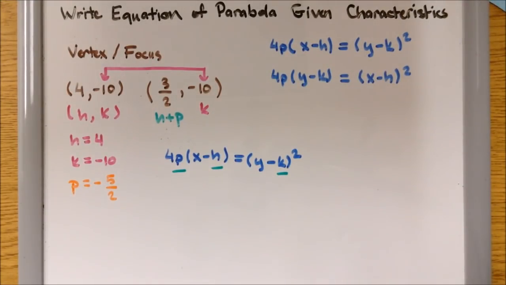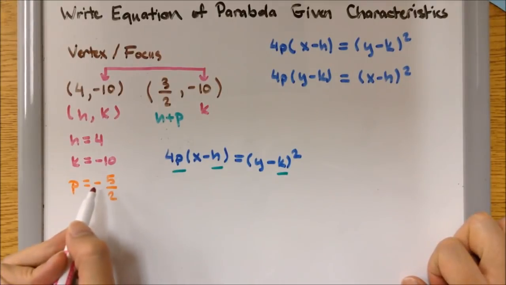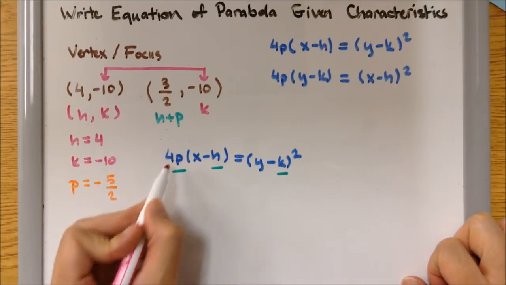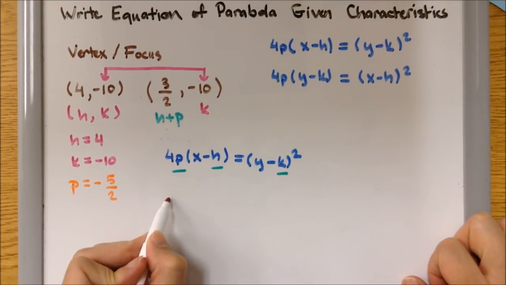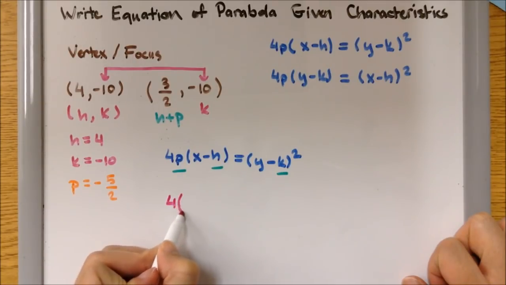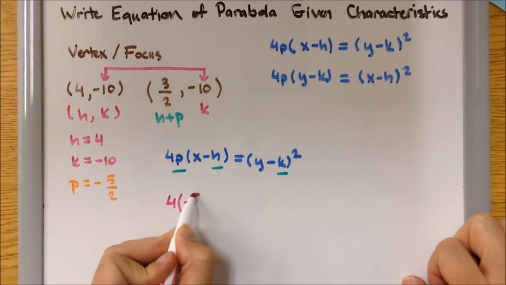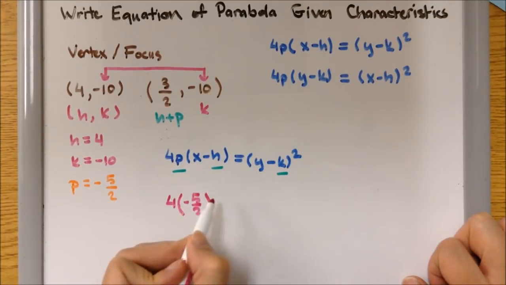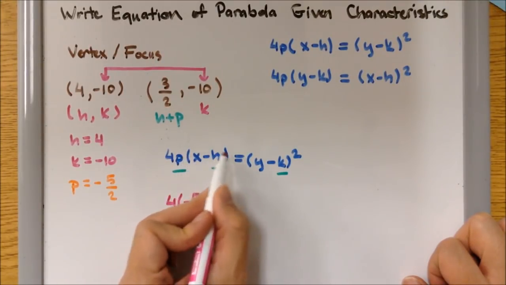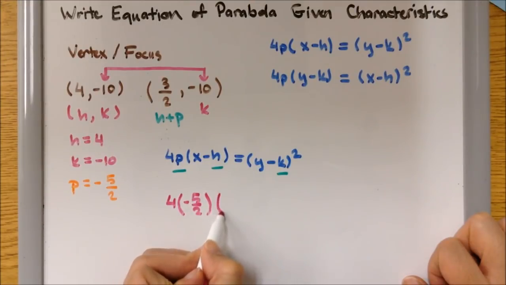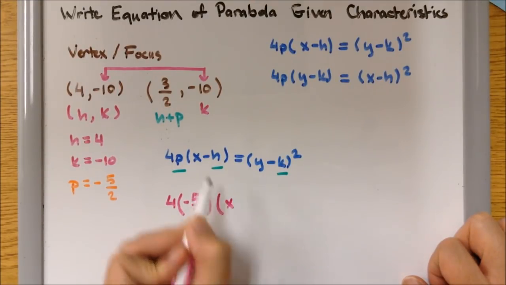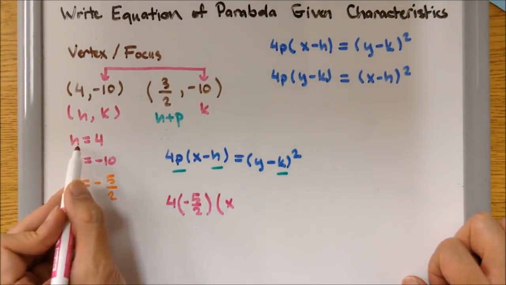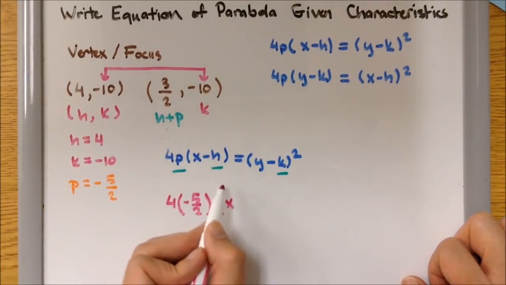So my p value is negative 5/2. Since I'm plugging in and there's a 4 in the front, I'm going to include a parenthesis on the negative 5/2, and then another parenthesis because there's a parenthesis on x minus h. Now minus h. So h is positive, so I'm just going to plug in 4.